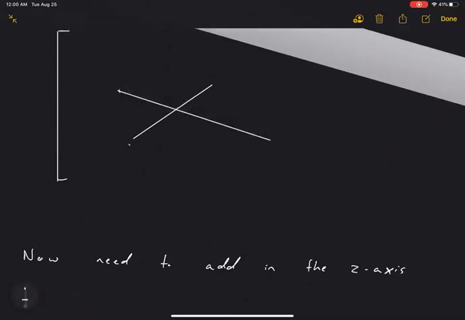And just by convention, we usually put x coming out this way, kind of out of the page, y going that way. This would be the positive side, and the negative side would be going back behind the page. So this much is by convention. And then we have the z-axis, which is going to be coming straight up.